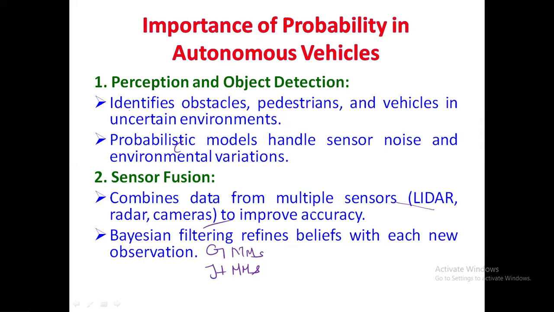Probability theory, particularly through Bayesian filtering, which we'll discuss later, with techniques like Kalman filters and particle filters, allows the system to update and refine its beliefs dynamically based on new observations. By assigning probabilities to different hypotheses and fusing data, the vehicle can make better informed decisions, reducing the uncertainty associated with the raw sensor data.